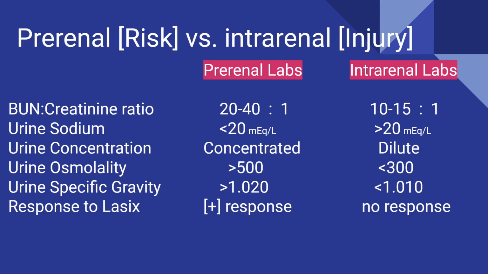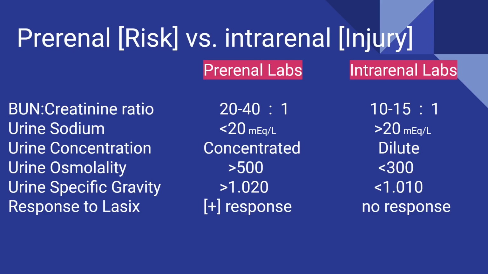So if the actual creatinine is 2, then we would expect the BUN to be 40. We simplify whatever that BUN creatinine ratio is, and in pre-renal failure we would expect the BUN to be between 20 and 40, with the creatinine at 1. Whereas in intrarenal failure, we would expect the BUN to be between 10 and 15, and for creatinine to be 1.